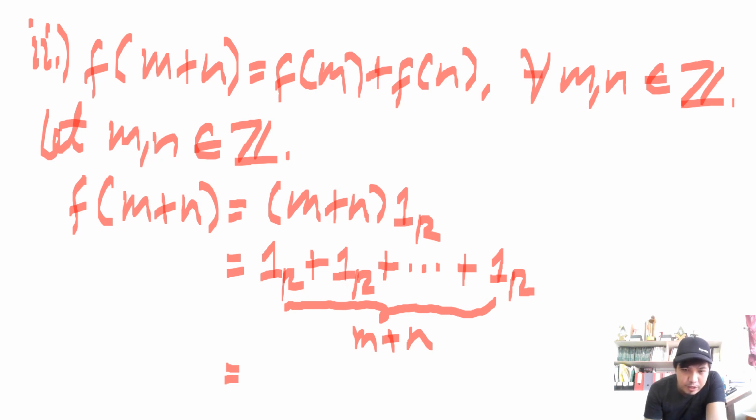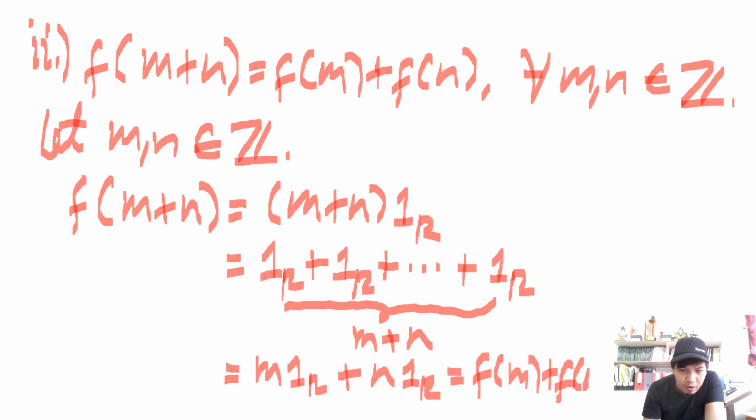We take the first m terms and place them inside a parenthesis, as well as the last n terms inside another parenthesis, giving us m times 1 sub r plus n times 1 sub r, which by definition is simply f of m plus f of n. Thus, the second property is satisfied.